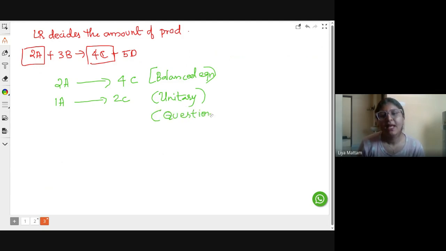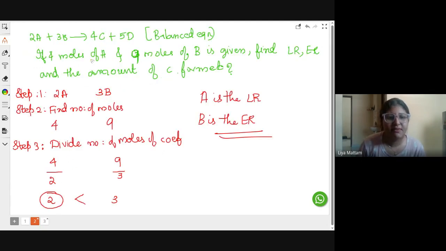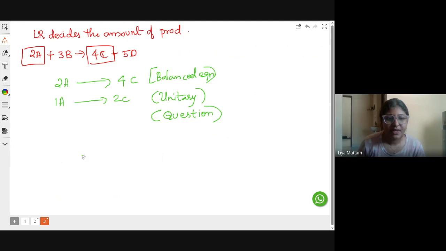According to the unitary method, 1A is giving 2C. According to the question, how much A is given? See, 4 moles of A and 9 moles of B are there, right? So, 1 A gives 2 C. Then 4 moles of A gives how much C? I don't know.